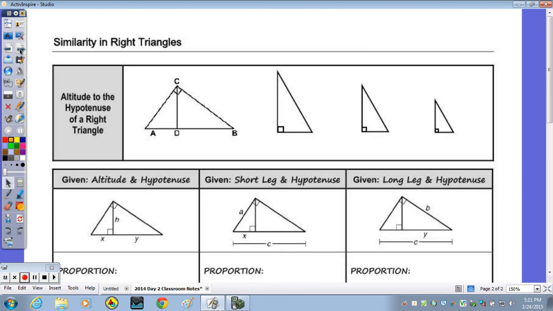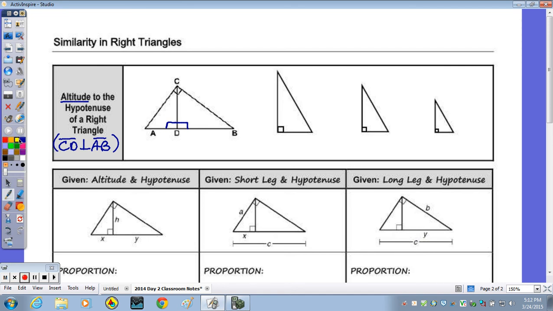We're going to prove, okay, given the altitude drawn to the hypotenuse of a right triangle. So what that means, again, if it is an altitude, we have a right angle here and a right angle there. So we know that CD is perpendicular to AB, given the altitude. Now, within that picture, we have 3 triangles.